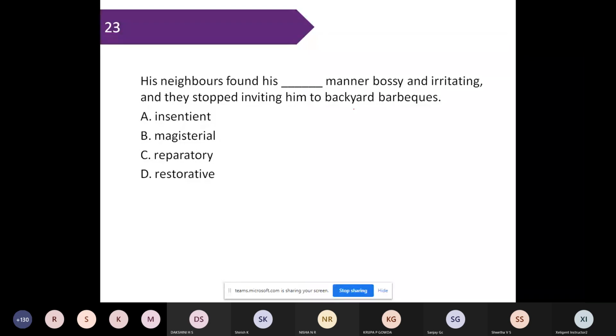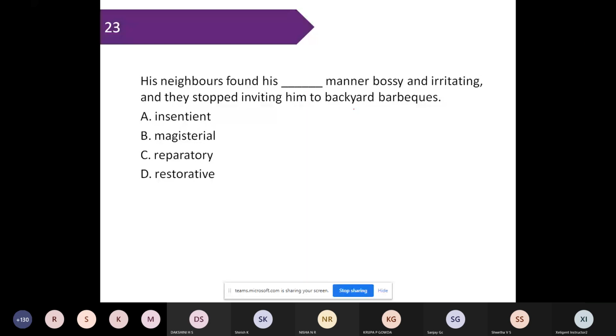Okay, ill manner, very good. You can have that as a guess word, ill manner. So according to that, if you check the options, option A, insentient. So insentient is feelingless. Yes, rude, rubbish. We can have all those things as guess words.